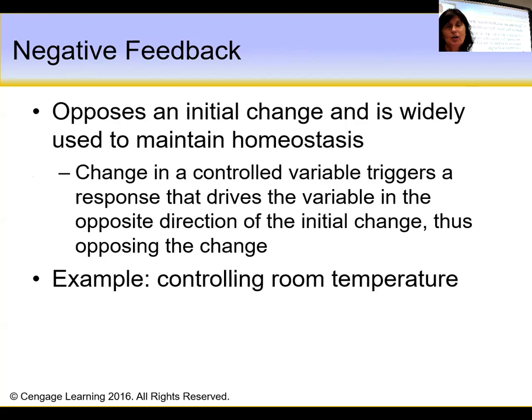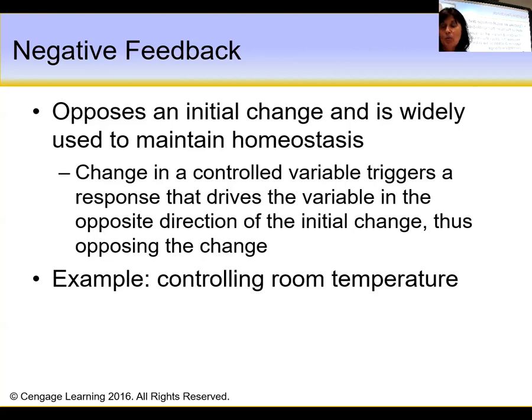So it's just like your thermostat on the wall. So that variable is going to alter the system. It's going to trigger a response that's going to cause an effector to either turn on the heat, turn on the cool. That's going to alter and bring it back to where it was. So that negative feedback is trying to bring it back to the initial rate where it should be.